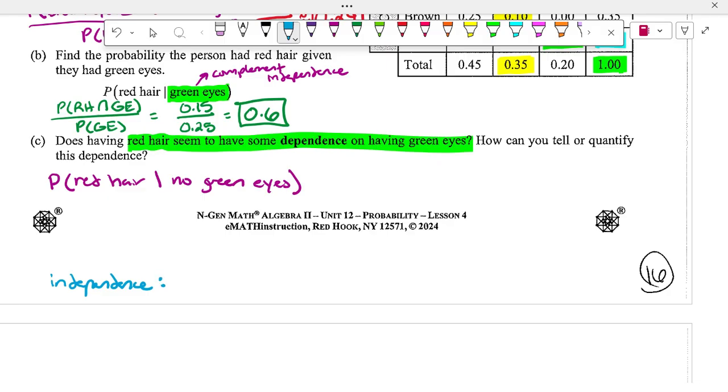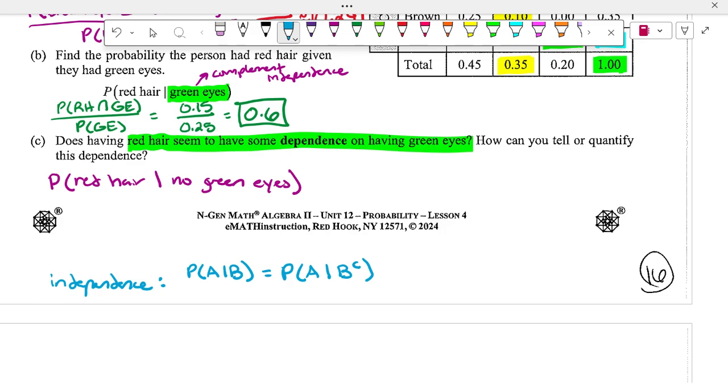If A and B are independent of each other, that means the probability of A given B is equal to the probability of A given not B, or B complement. That's what independence means. You just have to check to see if those two conditional probabilities are the same. If they are, they're independent. If they're not, they're dependent on each other.